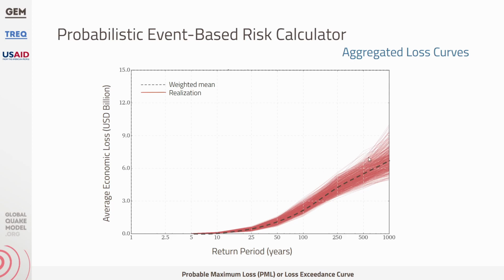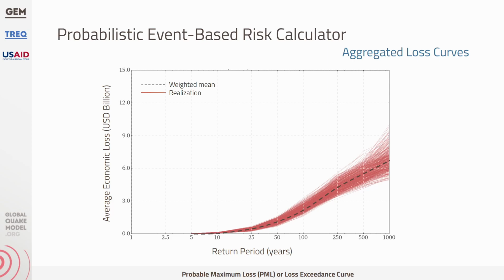If we plot each one of those losses against their return periods, then we're going to have a curve that looks like this, telling us the return period in years for each one of the losses that I observed in my investigation time. And I can see the range of uncertainties that is translating into my losses, into my risk assessment, let's say.